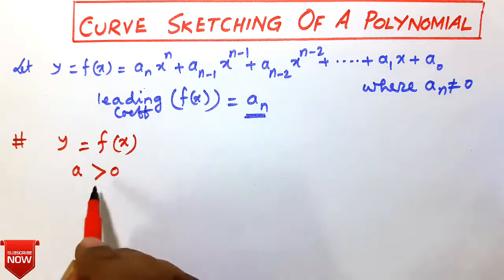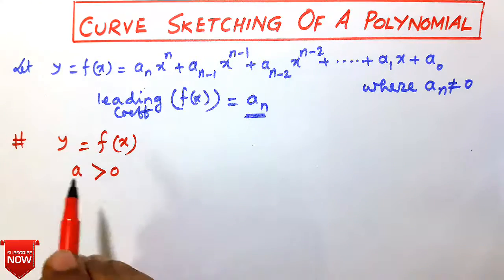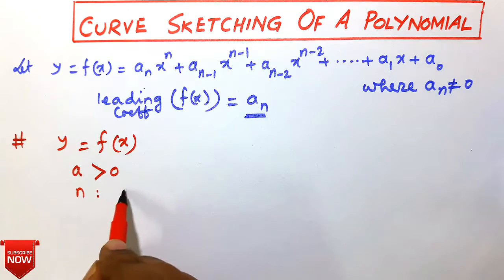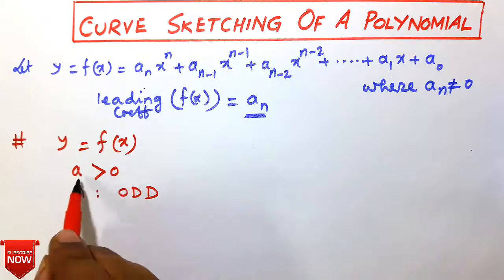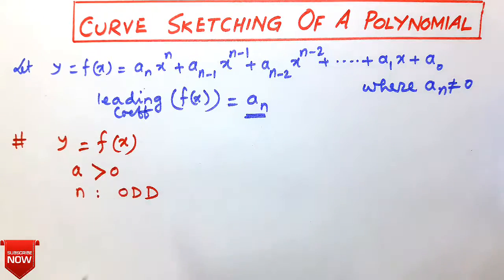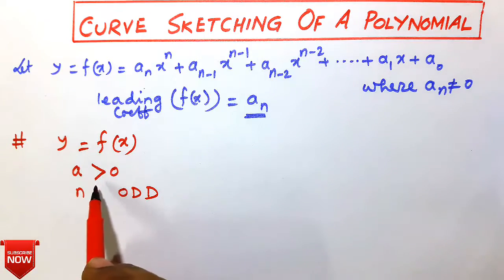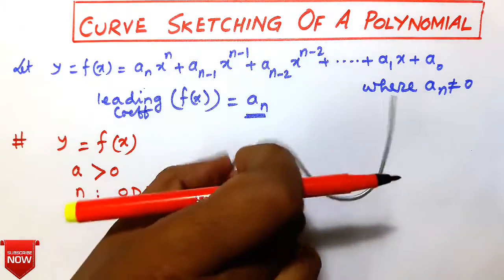The degree of this polynomial be n, and n is odd, and the leading coefficient is positive. If the degree of the polynomial is odd and the leading coefficient is greater than 0, then the curve ends will be in the opposite direction, like this one.